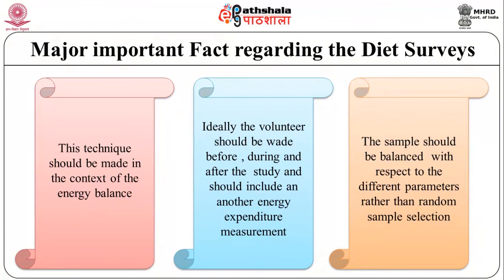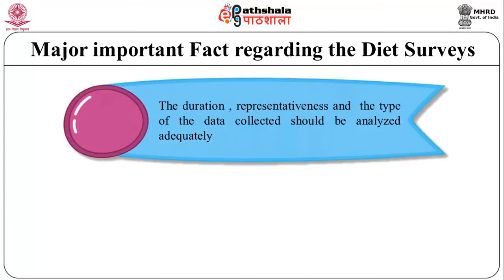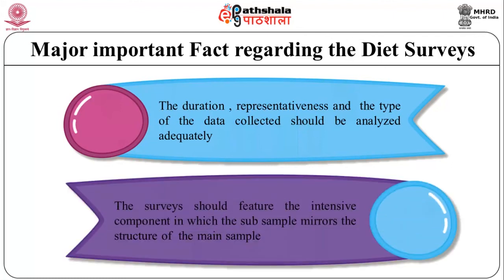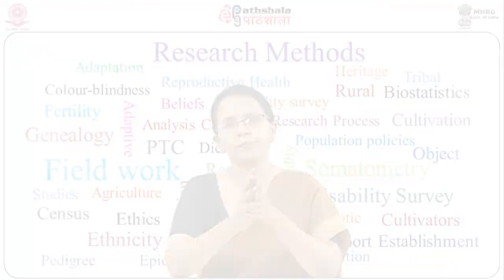The sample should be balanced with respect to the different parameters rather than random sample selection. The duration, representativeness and type of data collected should be analyzed adequately. The surveys should feature an intensive component in which the subsample mirrors the structure of the main sample.